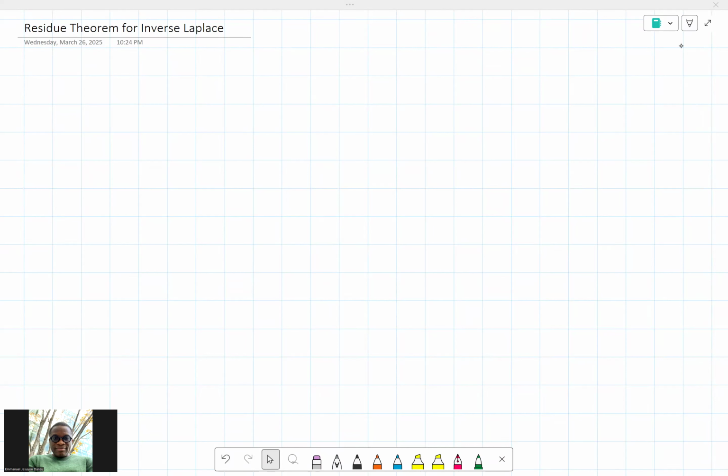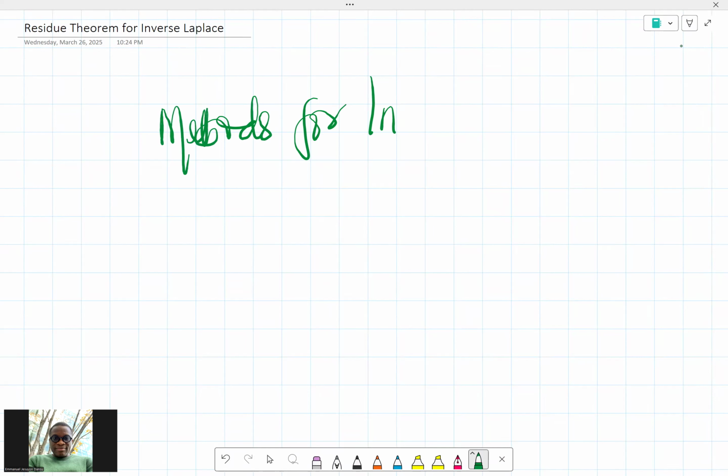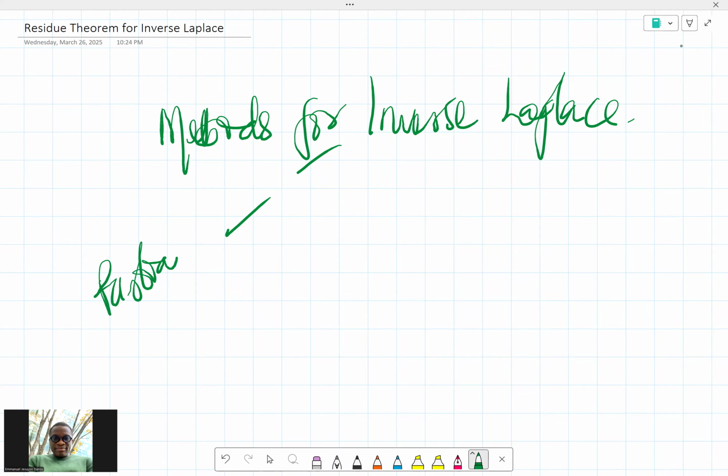In this video, we're still talking about inverse Laplace, and the focus now turns to the residue theorem. Generally, we know methods for inverse Laplace, like we've been seeing, which include partial fraction decomposition, where we decompose a rational function into partial fractions so we can then do the inverse from there.